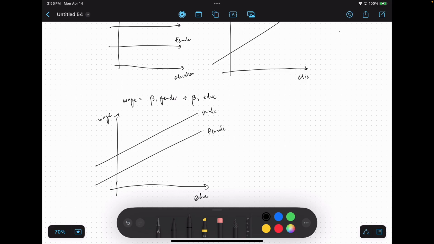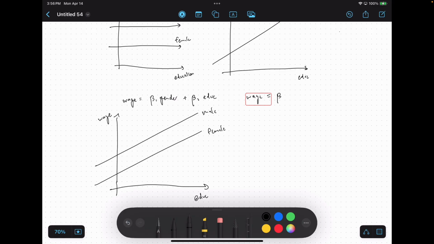And then the one that I didn't show would be the case of what if I wanted different slopes for each of the genders as it pertains to education. So the question is, does the impact of education on income differ between genders? In that case, you would have two different slopes, right?